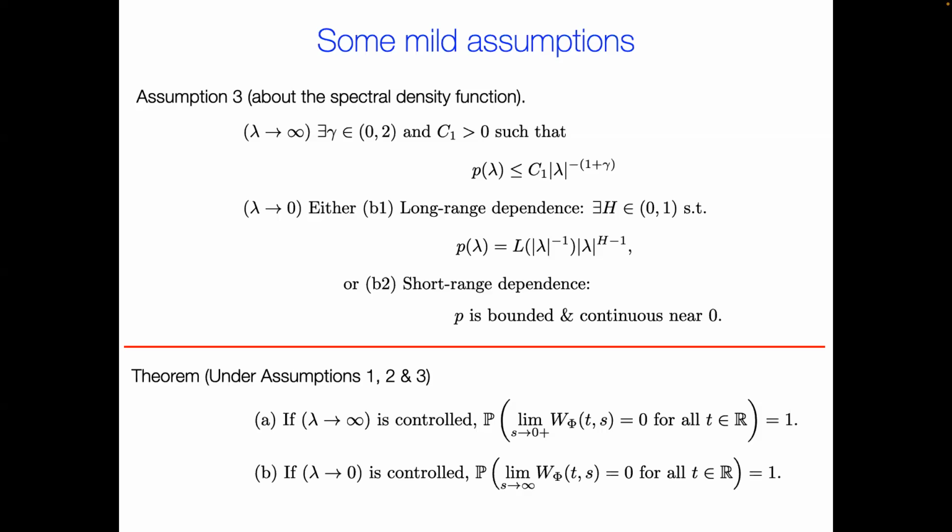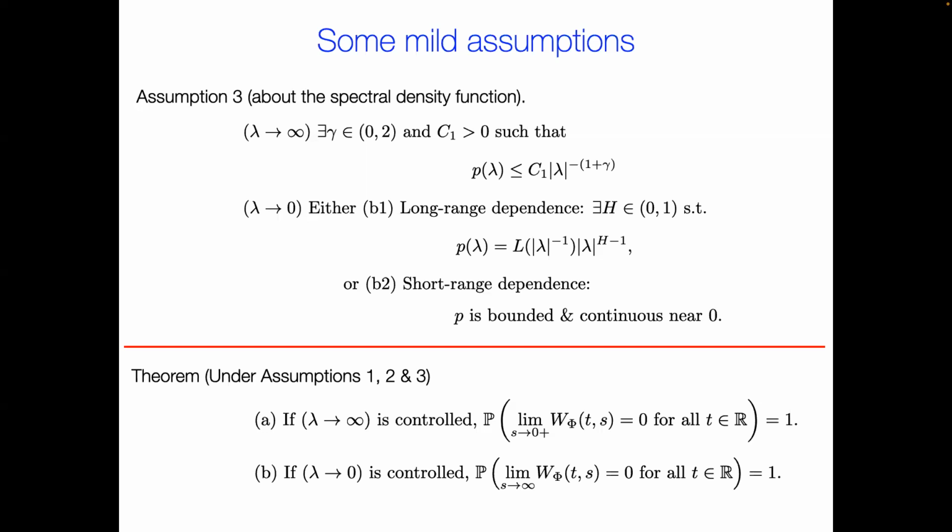If you make this assumption, then you can prove something very intuitive. Because the noise doesn't have crazy high frequency information, when scale goes to zero, the wavelet transform will go to zero. And because you do not have any crazy long range dependence, the transform will also go to zero when scale becomes infinite.